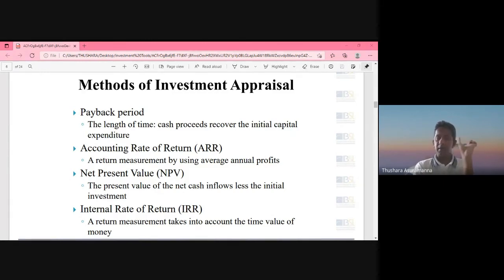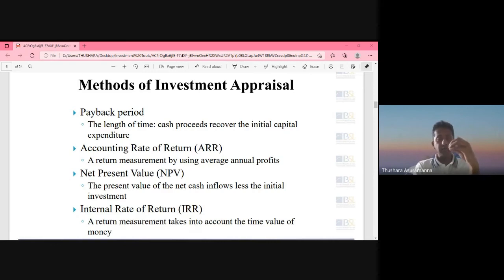If you remember, at the initial point I was telling you the value of money could differ from day 1 to day 365. The value is different. What you can do today, you can't do in 365 days. So similarly, we apply that principle here.